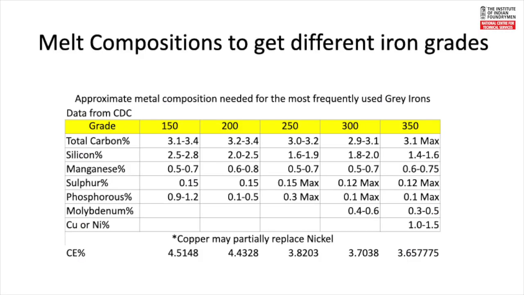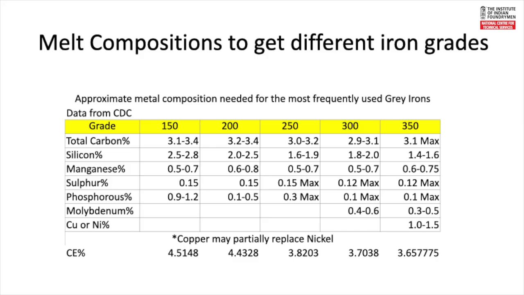We have already seen this earlier, approximate metal chemistries data from CDC. What I have done is I have put down below one line here which talks about carbon equivalent, and please pardon me for not removing those 4 and 5 digits there beyond the decimal. It's from an Excel file.